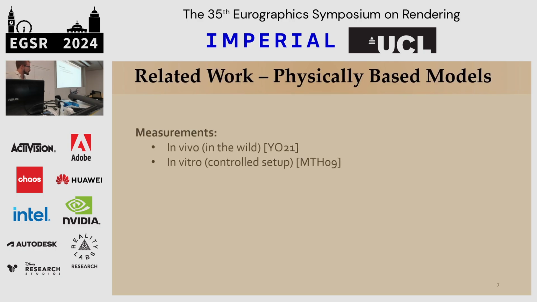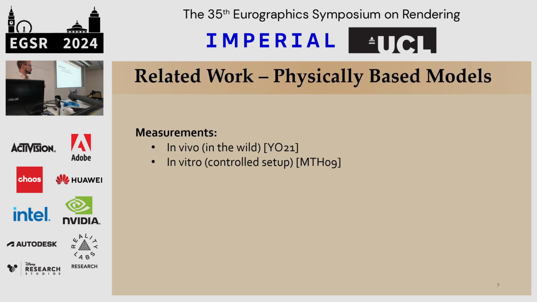So I'll briefly discuss some of the previous works that have been developed for physically based models for cosmetics reproduction. There are two works that measure in vivo and in vitro cosmetics. In vivo means that the cosmetics was applied directly on the subject and measured there.